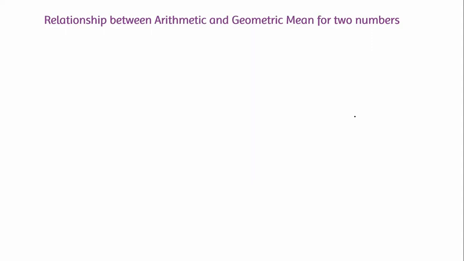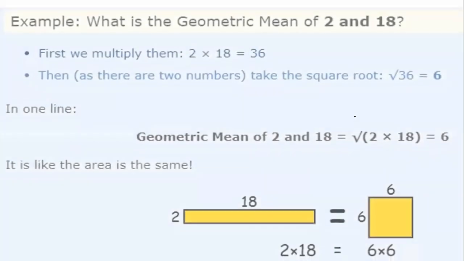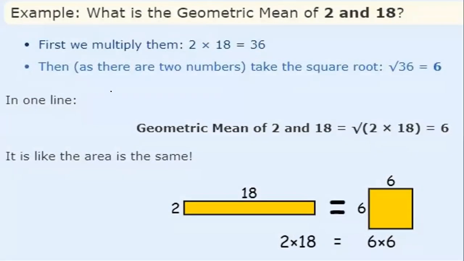So this is one thing I came across a few minutes back, relationship between arithmetic mean and geometric mean for two numbers. As you are already seeing, there are two numbers.